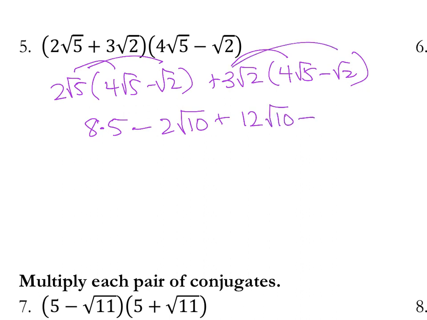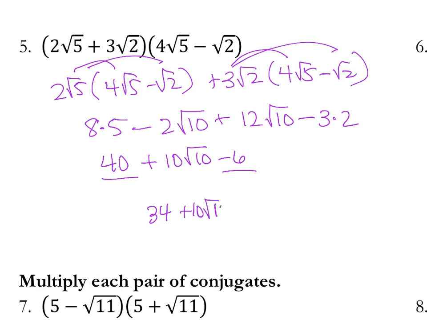And then minus 3 is the outside number, but radical 2 times radical 2 is going to give me 2. So we're going to get 40 minus, plus 10 radical 10. And then minus 6 at the end. And just combine these two end numbers now. That's 34 plus 10 radical 10. And that should be your final answer.